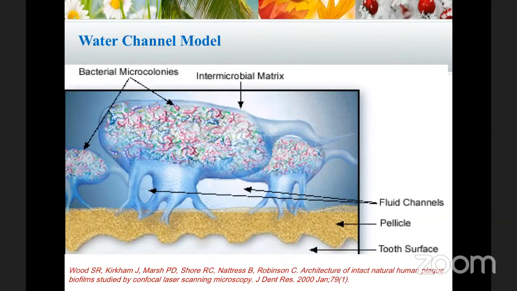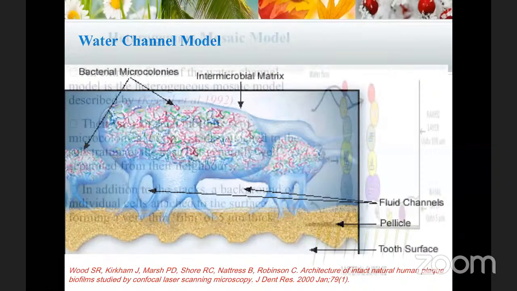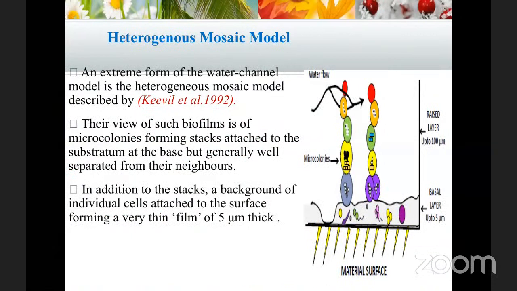They provide different types of messaging in this pellicle. Dental plaque is defined clinically as structured and resilient. A dental plaque is composed of 1 gram of wet plaque. This is the heterogeneous mosaic model.